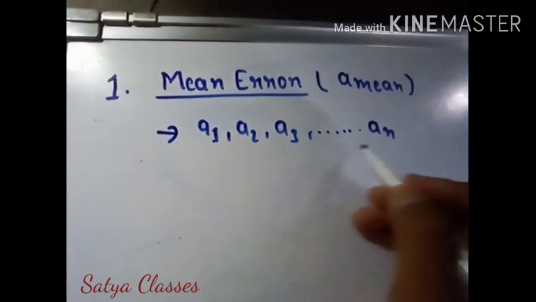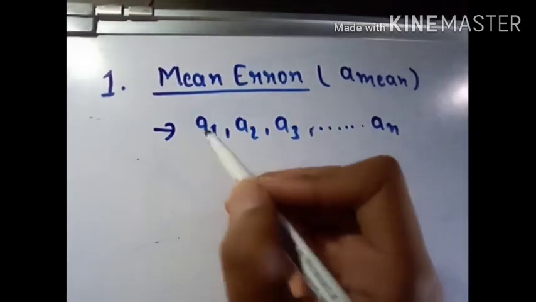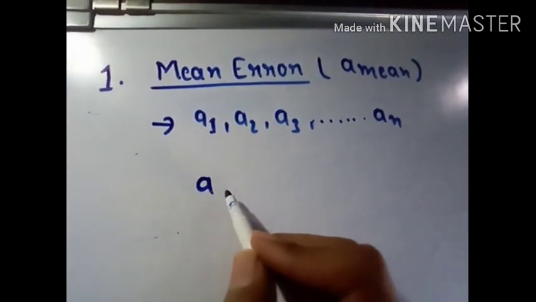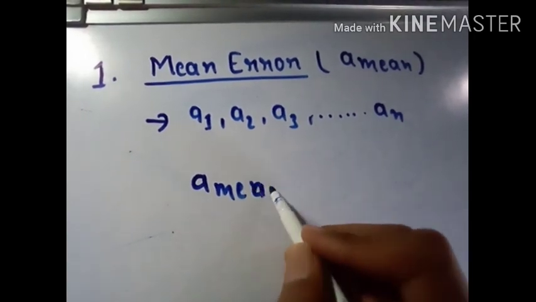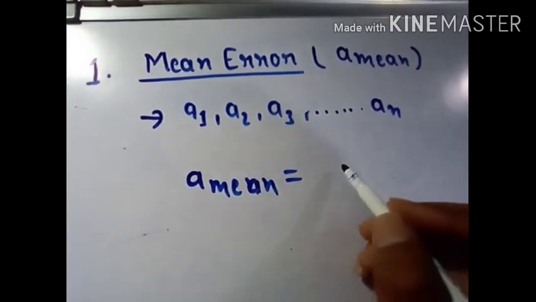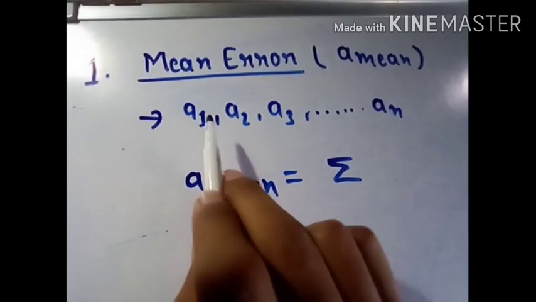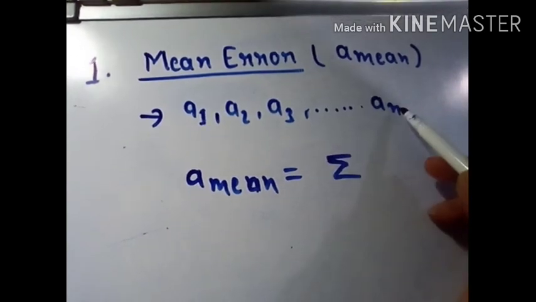We have obtained all these results. Now, for calculating the mean, first of all, let us write A mean is equal to the summation of all the entities, meaning A1, A2, A3 up to AN.